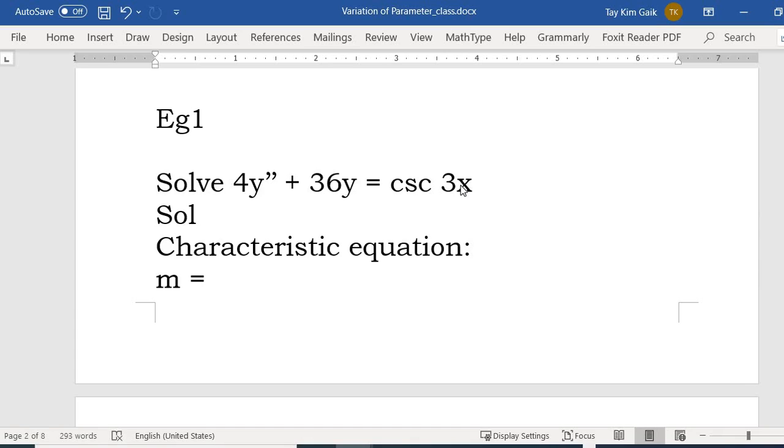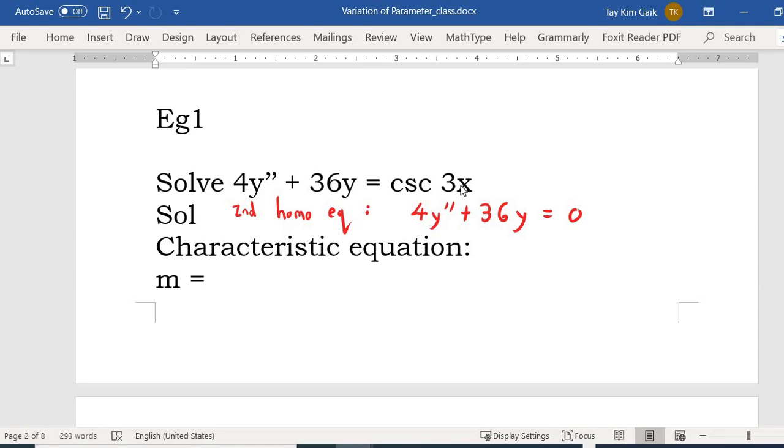So first step, we get the characteristic equation. To get the characteristic equation, first of all, you will find the homogeneous equation. In the homogeneous equation, you let the right hand side equal to 0. So this is a second order homogeneous equation.